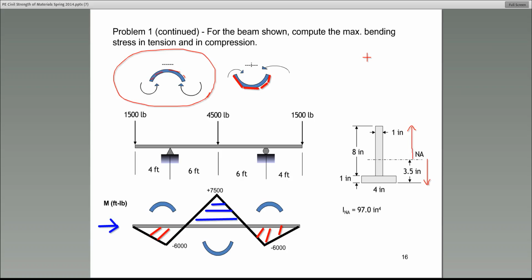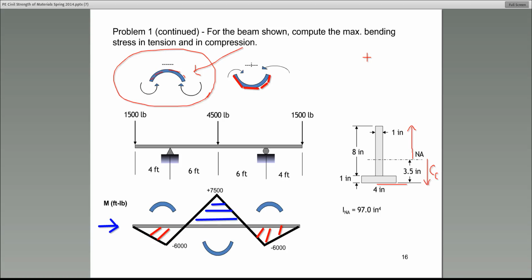So in negative moments, the bottom is in compression. I think you can see this here. That we call C sub C. So where the beam is subjected to negative moments, compression occurs in the bottom. So the distance between the neutral axis and the bottom, we call it C sub C. The subscript C stands for compression.